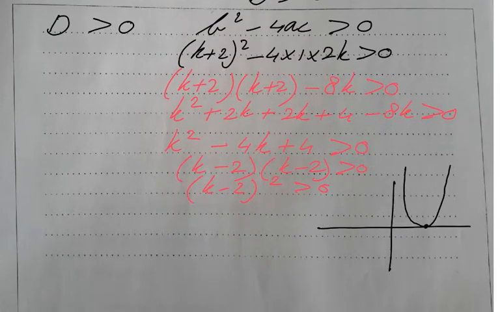Well, that is pretty much everywhere, because even when k is, for instance, negative, let's say when k is minus 3, then minus 3 minus 2 is minus 5, but the squared will turn it into a positive. If k is 0, 0 minus 2 is minus 2, squared is going to be a 4.